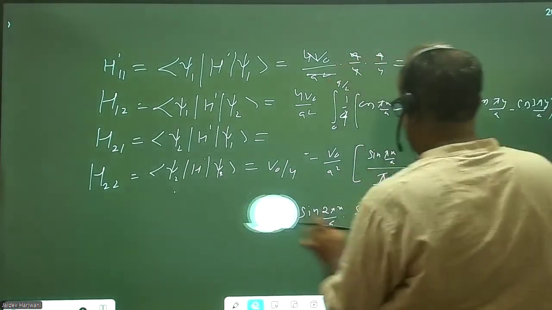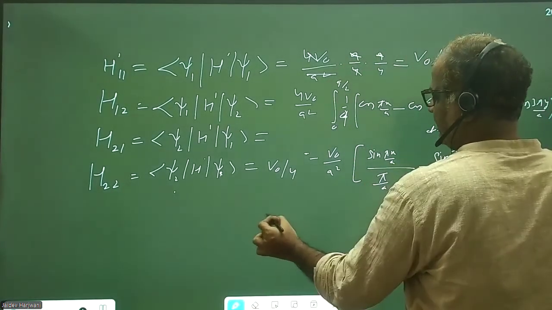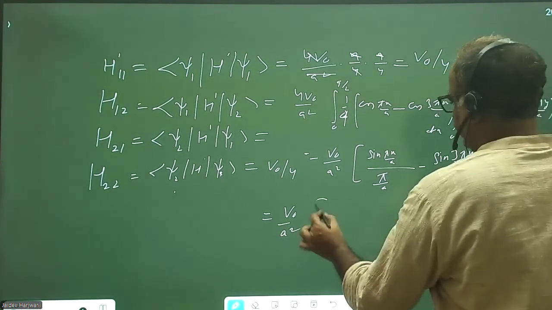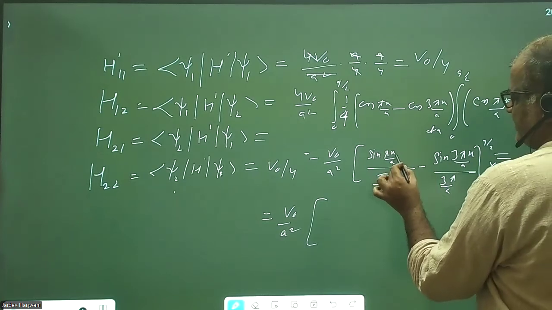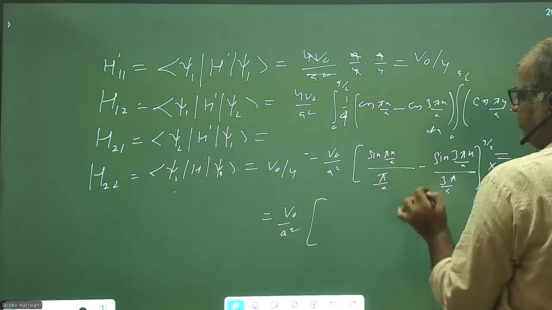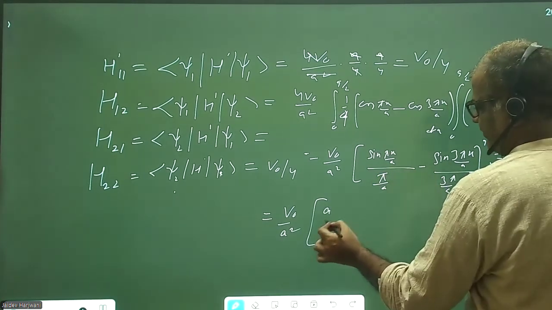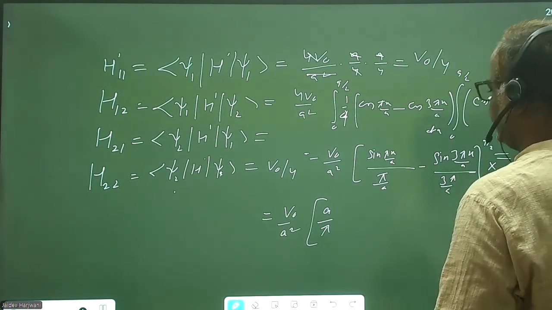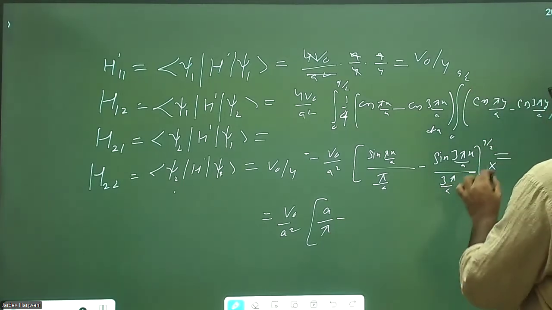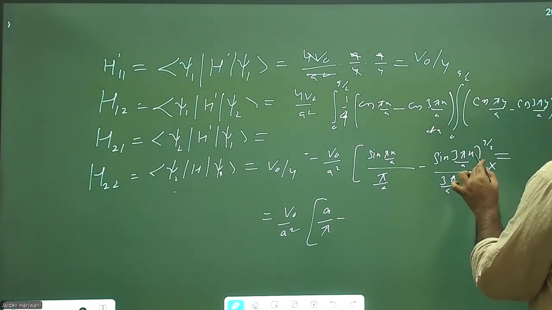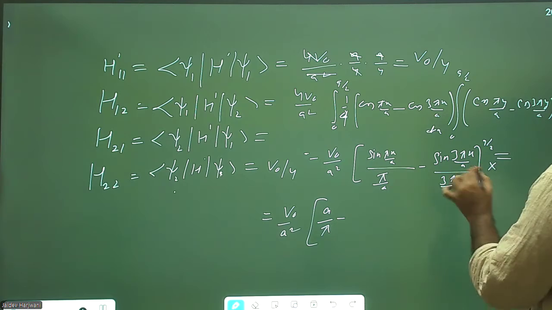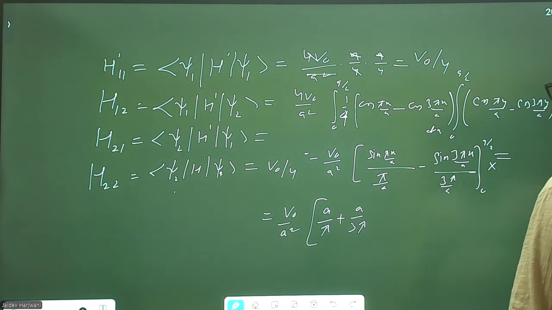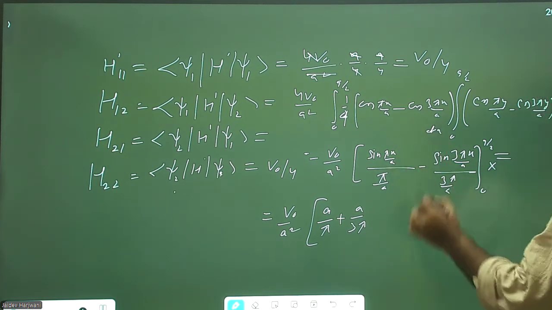Now I have V naught upon A square. If I put A by 2 here, pi by 2, this will come A by pi, minus, here A by 2, so A cancels, 3 pi by 2, so minus becomes plus A upon 3 pi. If you put 0, everything becomes 0.